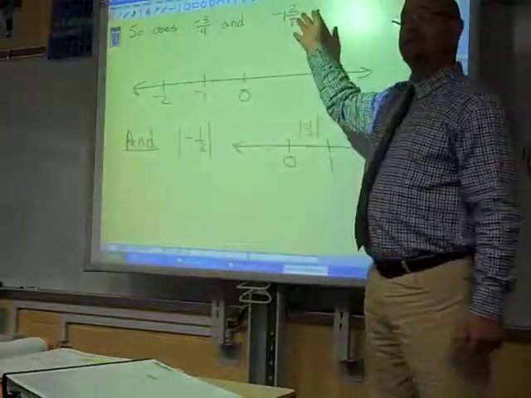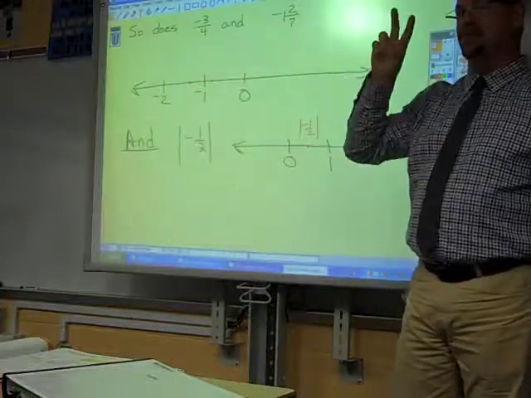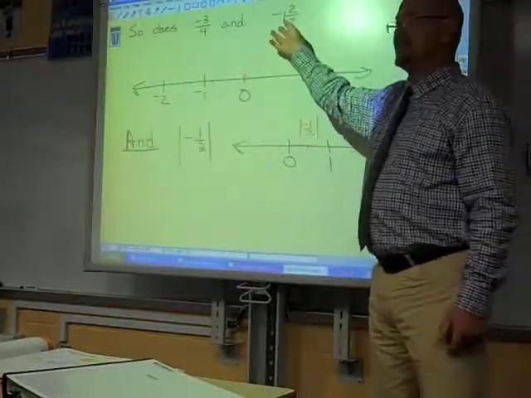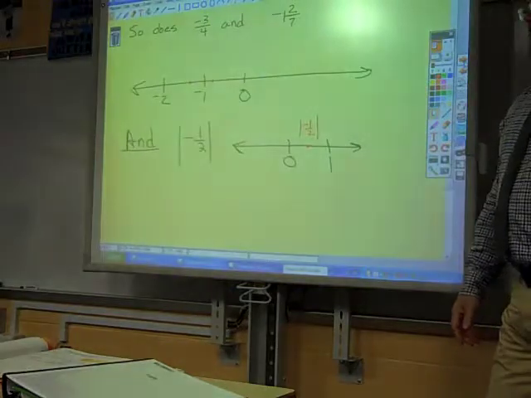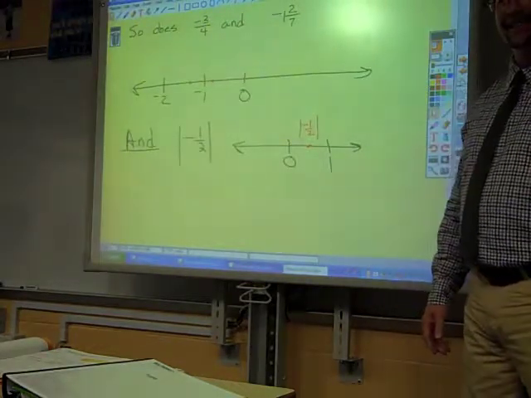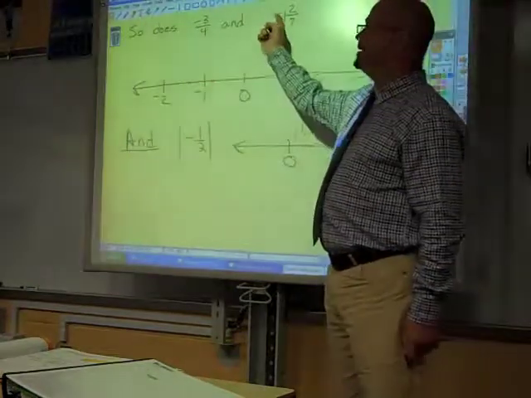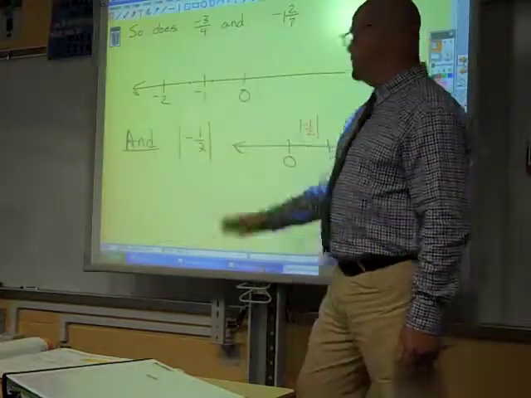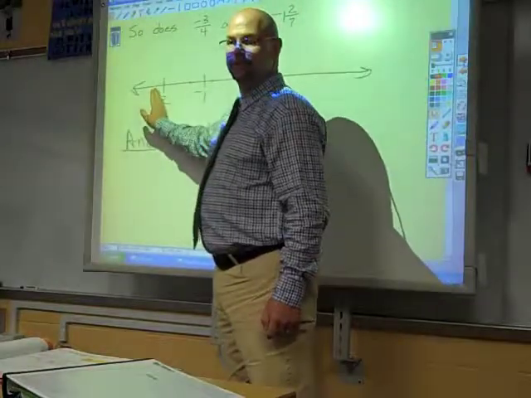So be careful, it doesn't necessarily live in the same space as those proper fractions. Where do you think this one lives? Between 1 and 2. Between what? Oh, -1 and -2. Between -1 and -2, okay?